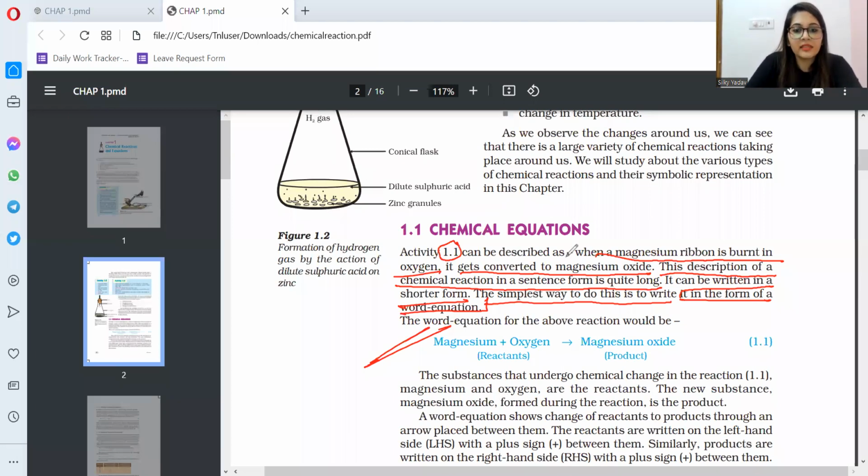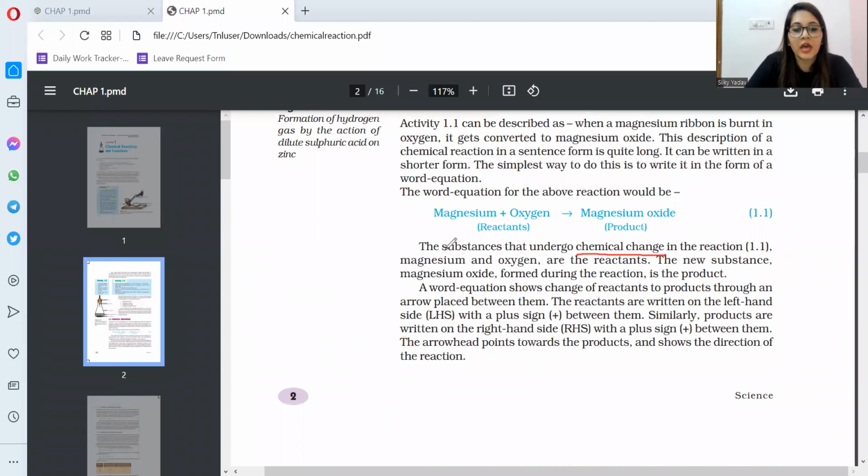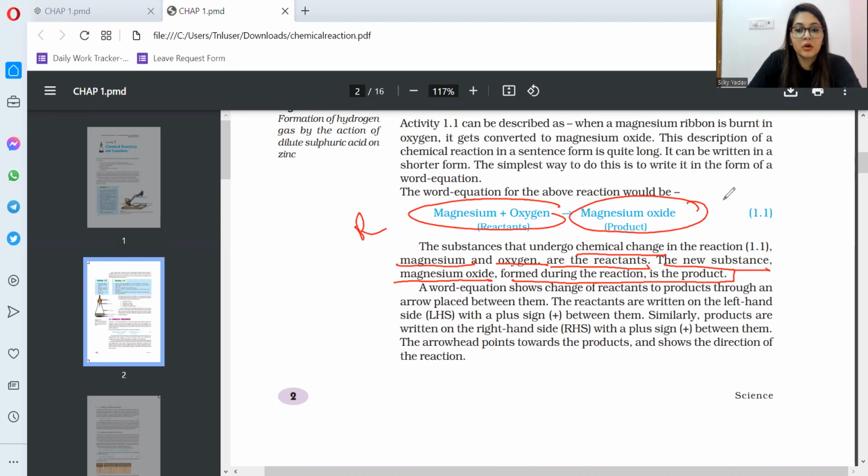Now, the substances that undergo chemical change in the reaction, let's say magnesium and oxygen, are the reactants, right? The new substance, that is magnesium oxide, will be the product. That means this side is the reactant side and this is the product side. So a word equation shows the change of reactants to products through an arrow.